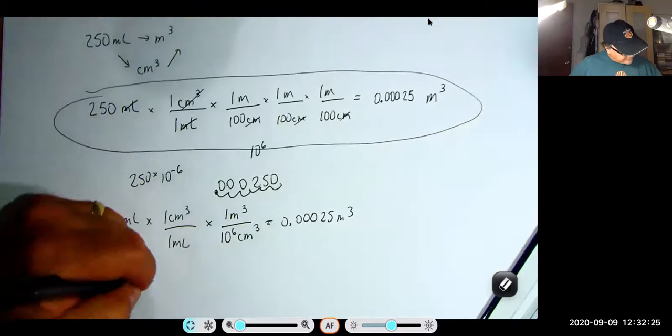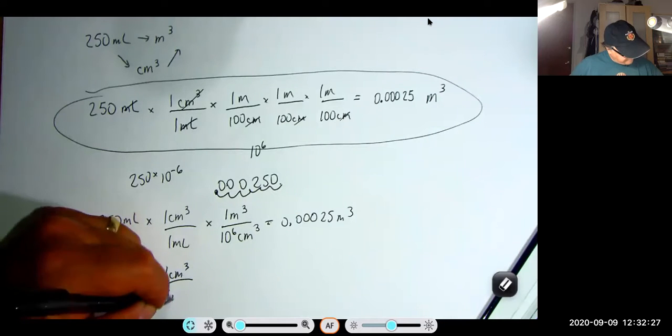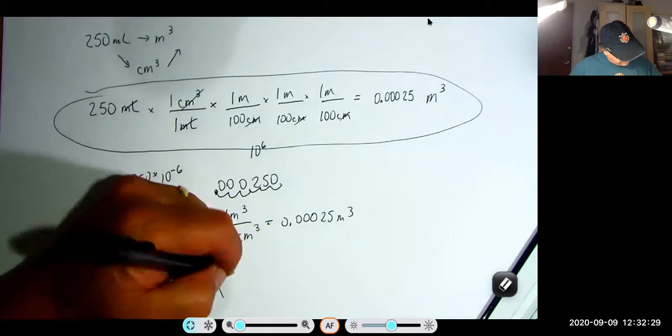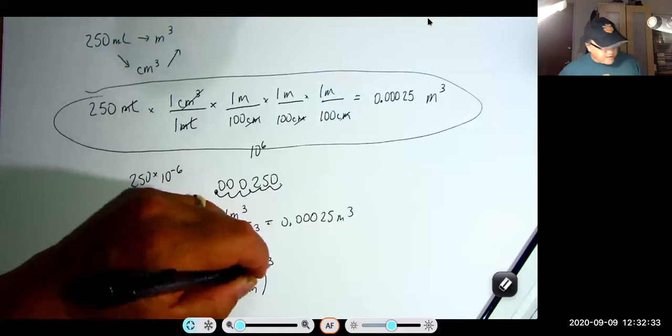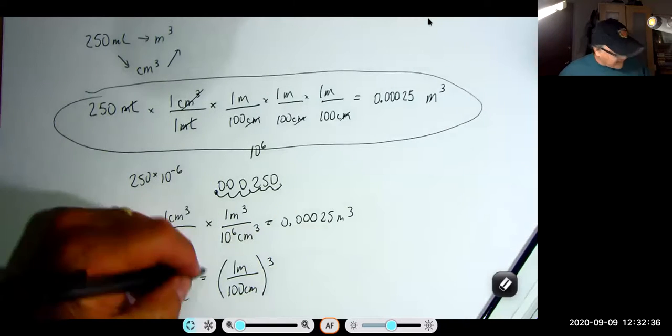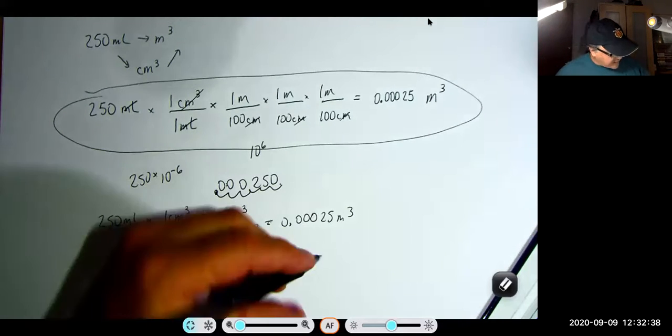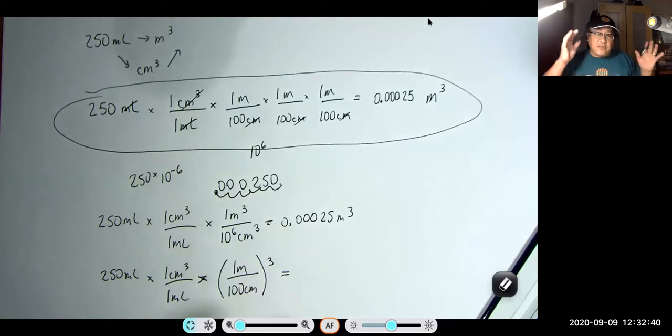This would also be acceptable. See, when we, sorry, that should be a times. When we put the ratio down, we can cube both the top and the bottom simultaneously with that big parentheses.